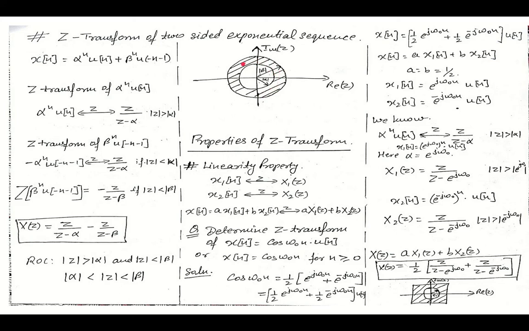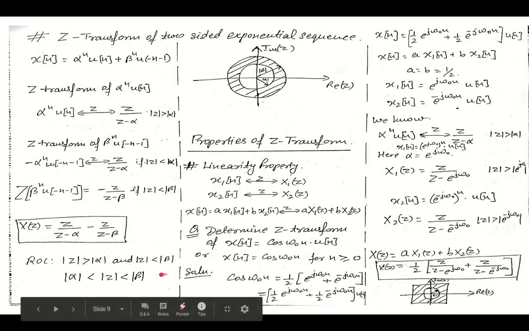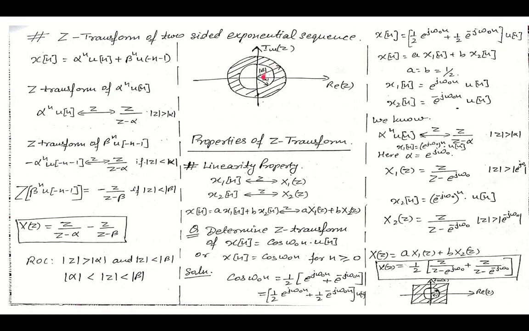Okay, the area inside these two circles will be my ROC. Now if my values do not conform to this, suppose that my value of beta is less than alpha, then my Z transform won't exist.